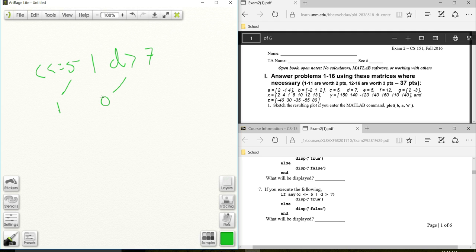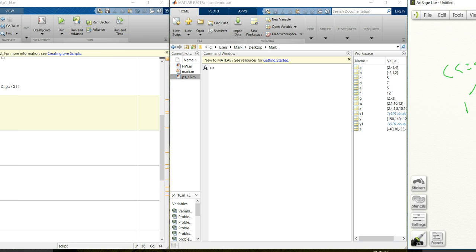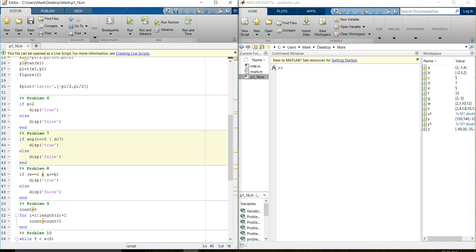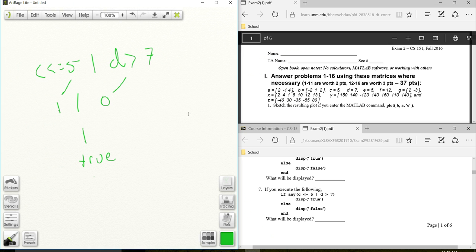This is sending out a 0. 1 ORed with 0 is 1, which means that the if statement is true, and it would execute the following line of code, which is display true. So the answer is true. And if we go back to check it, I could run this section, and you can see that's true. Let's go on to the next one.